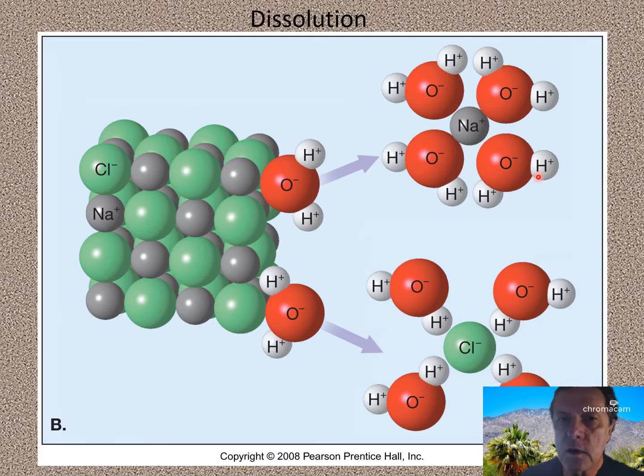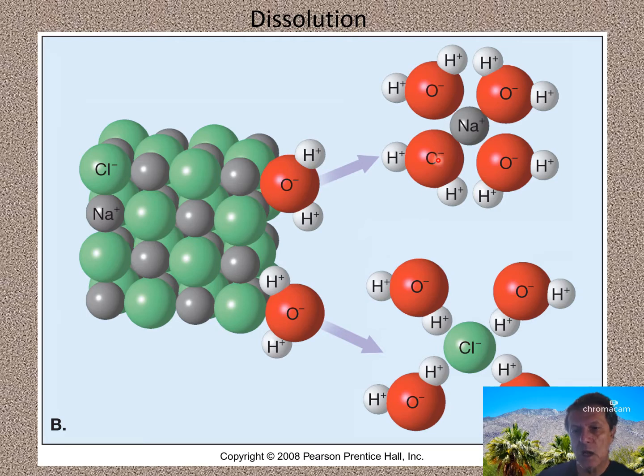So this first process of chemical weathering is called dissolution or dissolving. Here is a cube of sodium chloride, which is salt, composed of sodium ions and chlorine ions. As it's dipped into water, it starts to break apart.